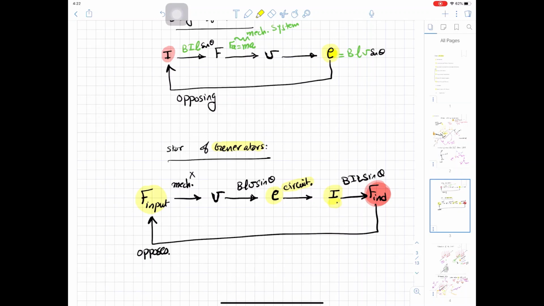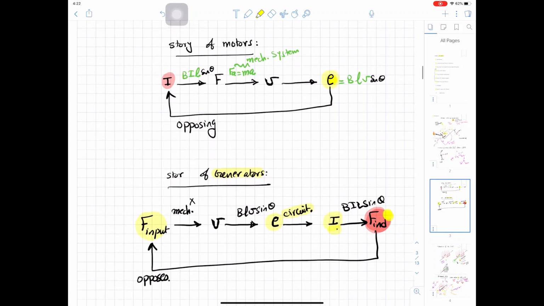So when you throw more electrical load on the generator, the shaft slows down because you are taking much more energy, or you are producing more mechanical opposition. This F induced is actually a dragging force, or a force that opposes the movement. This is how the generator will react to loading.